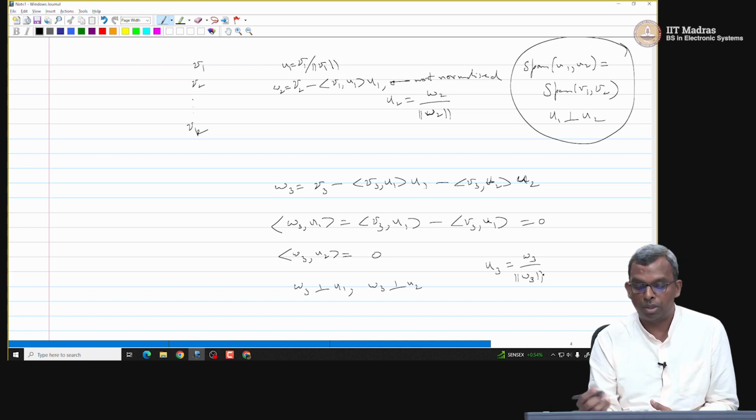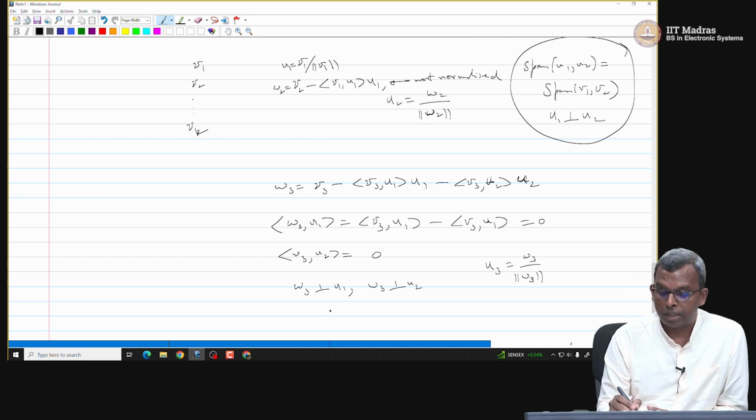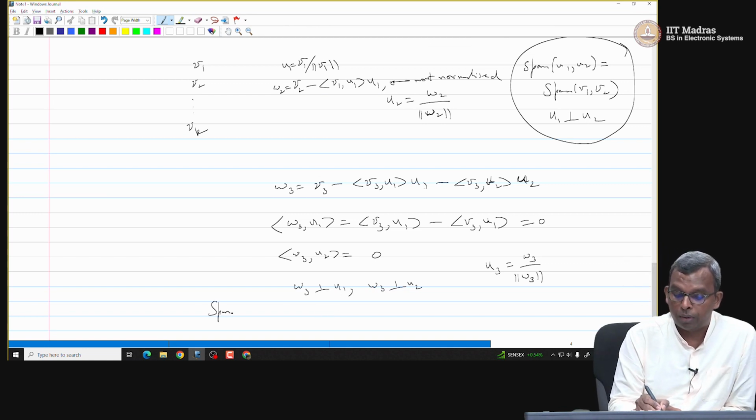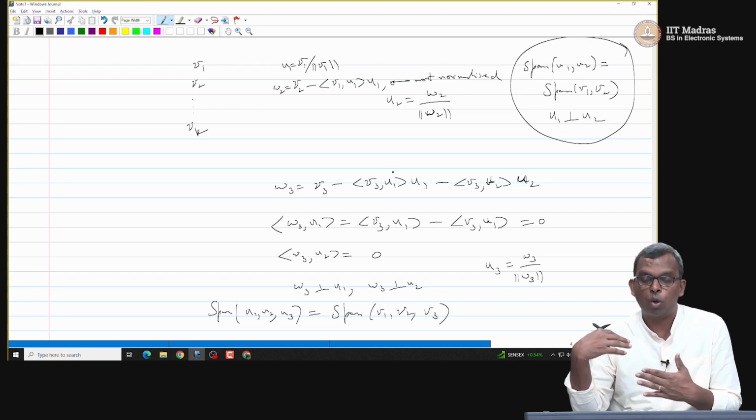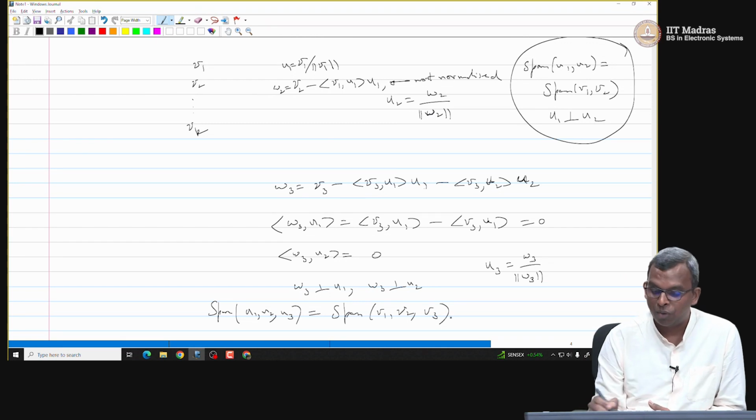So, when I normalize w3, I get my wonderful result that span of u1, u2, u3 is the same as span of v1, v2, v3, right. It is exactly like an elimination step, no? It is a row operation that we are doing in this sense. And u1, u2, u3 are orthonormal.